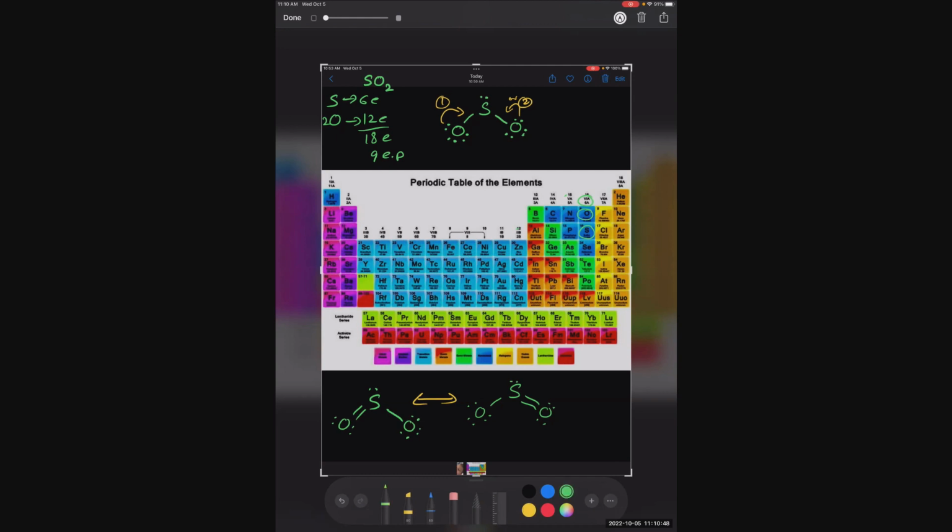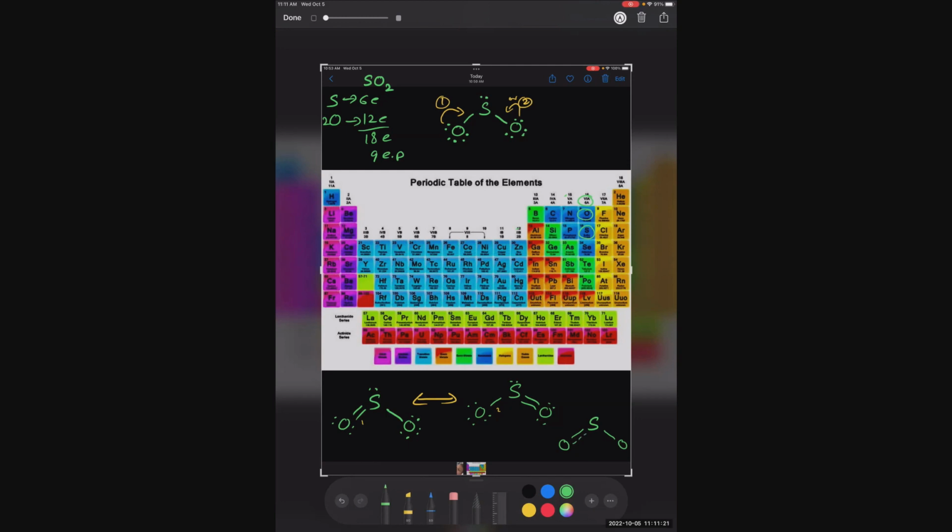Therefore, we can draw what we call the hybrid structure, where we have sulfur in the middle and two oxygens bound to it. But this bond, let's say on the left hand side, can be either a double bond or a single bond. Here is a double bond, here is a single bond. So this bond has both double bond and single bond character, and we draw it like that.